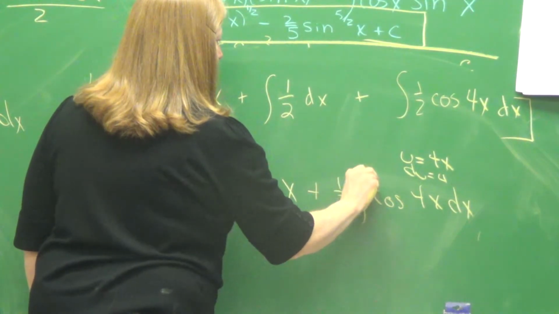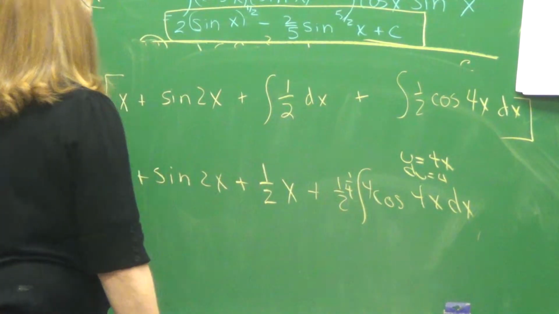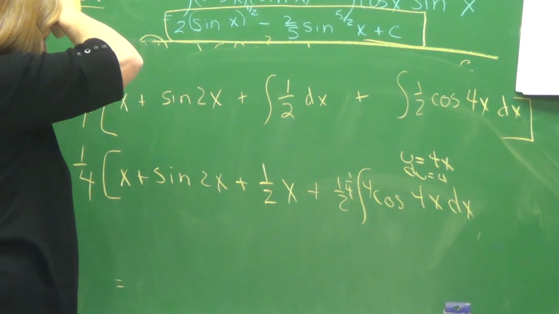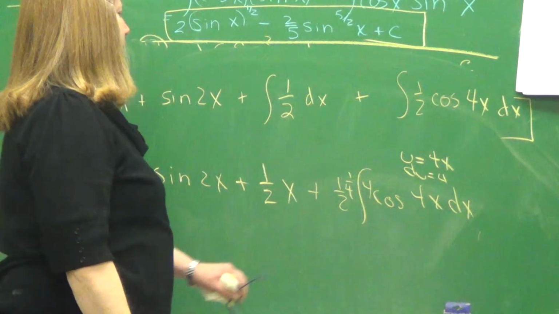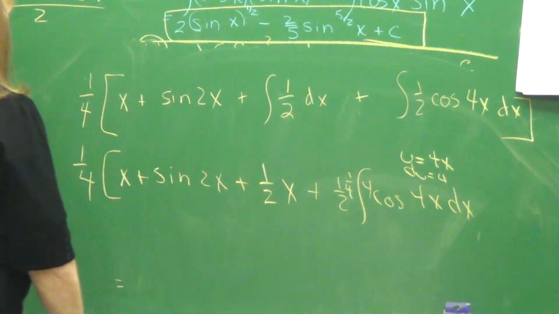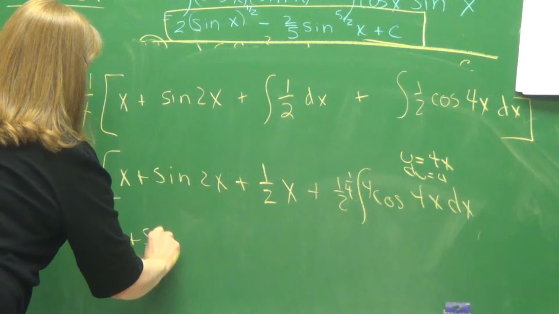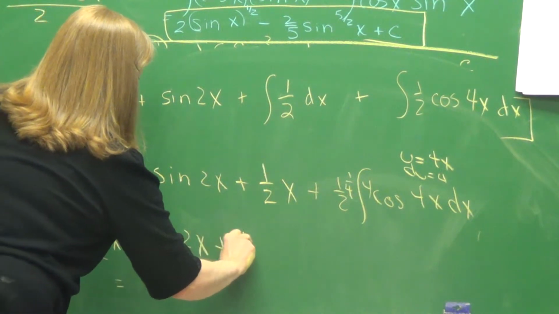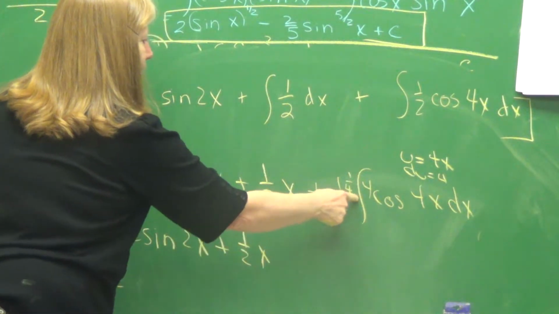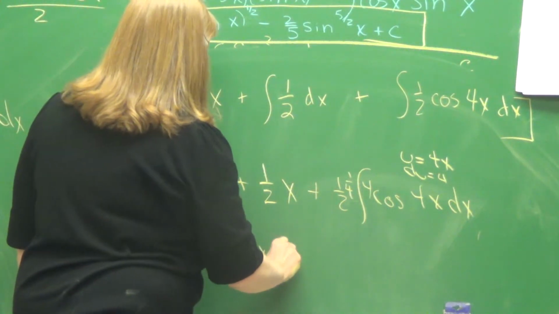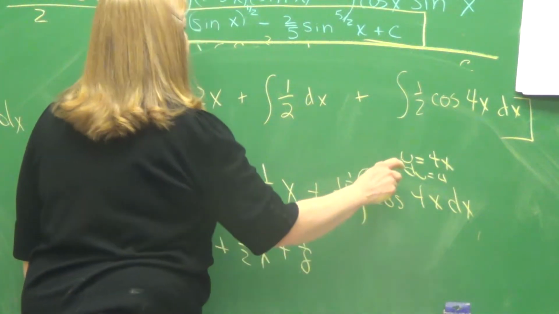And then it would just be sine of 4x, times 1/8. Oh, but it's times another 1/4 too. Right, so we had a 1/2 and a 1/4, so what's that? 1/8. And what's the integral of cosine u?